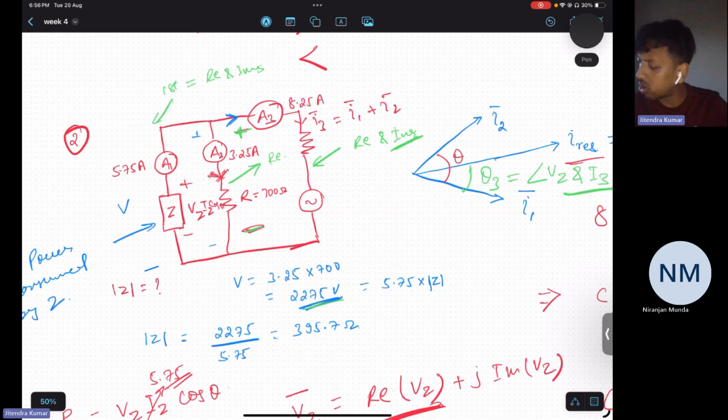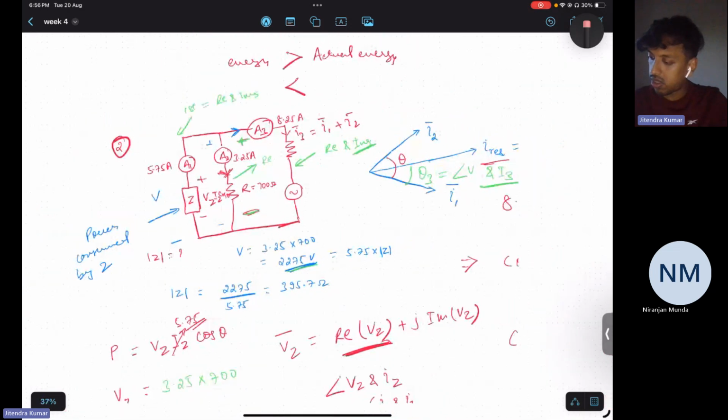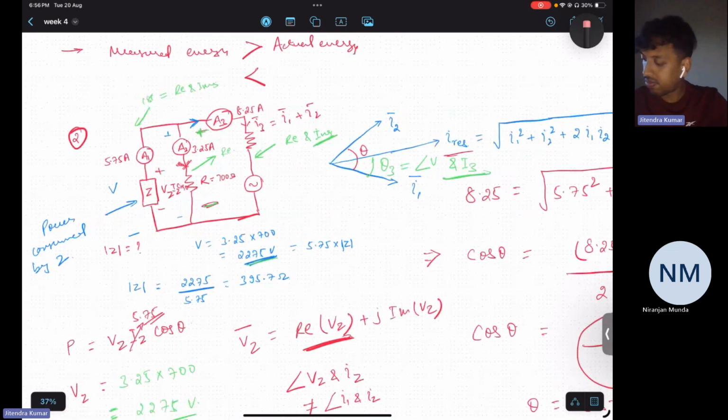Or this is only V. We could call it V also. Any last doubts on this problem? Okay. So this is how we will solve this kind of problem.